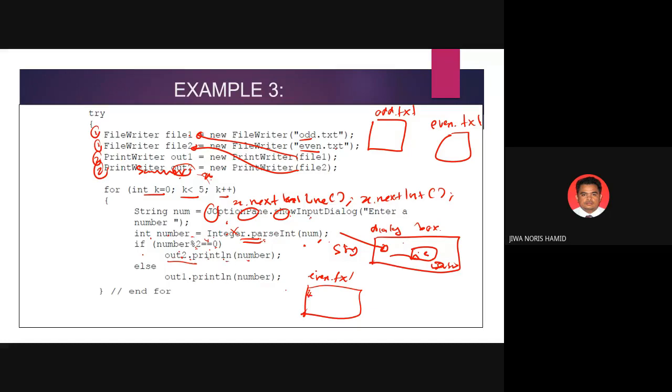Sebab print ln, the next akan ditulis di bawah. Kalau misalnya kata 8, dia akan letak 8. If it is not, katakanlah 3 tu dia tak boleh bagi dengan 2 kan, dia ada baki kan, so dia akan simpan di dalam odd.txt. So 3, 7, lagi apa lagi? 11, dia letak dekat sini.